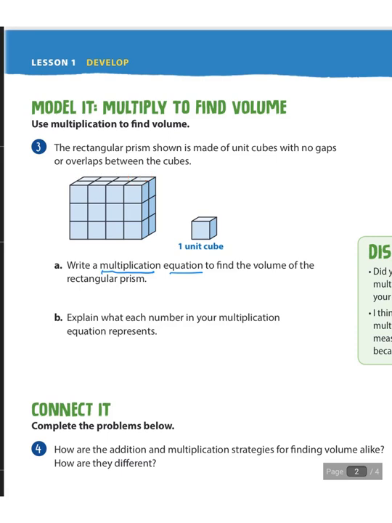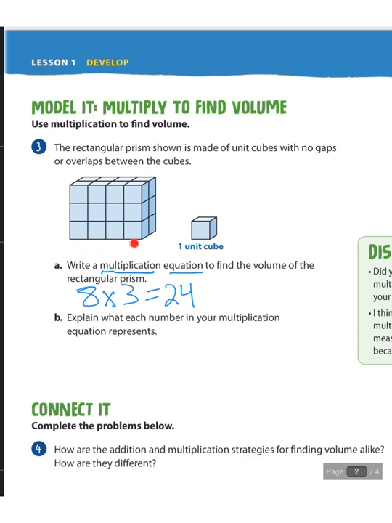So in my top layer there are 8 unit cubes, and there are 1, 2, 3 layers. So I'm going to multiply 8 by 3 to get 24.